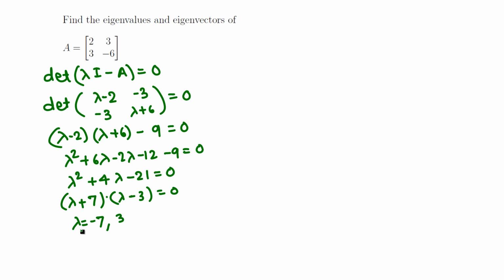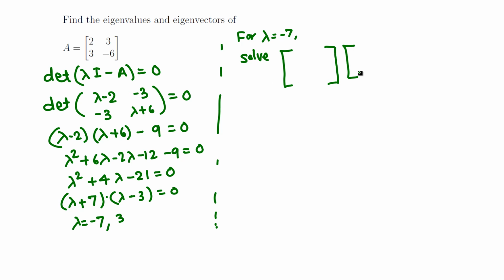Let's consider lambda equals negative 7. To find the corresponding eigenvector, we solve this equation. So instead of the determinant, we write this matrix, and the vector x y, which is what we are trying to find, equals the 0 vector.